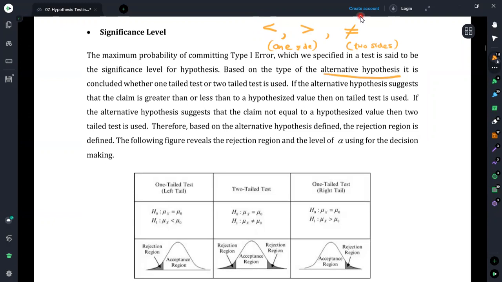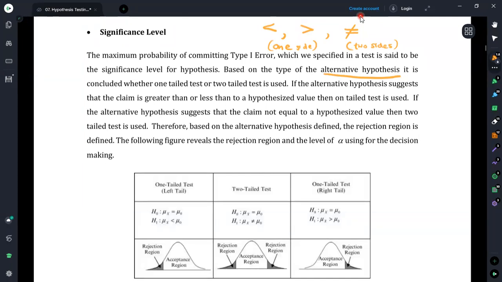Therefore, if you can see a less than or greater than sign inside the alternative hypothesis, then we are using one-sided tests. And if we can see the not equal sign in the alternative hypothesis, then we have to go for the two-sided test.